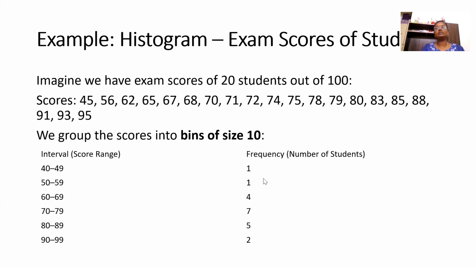How many students fall in each range? 40 to 49, 1; 50 to 59, 1; 60 to 69, 4; 70 to 79, 7; 80 to 89, 5; 90 to 99, 2. This is the frequency, or number of students falling into that particular interval.